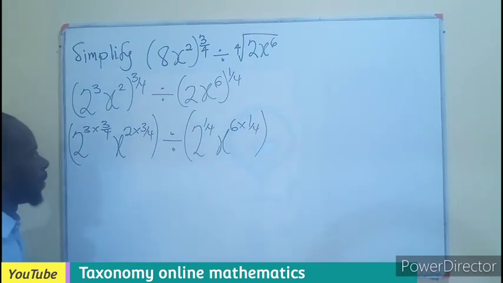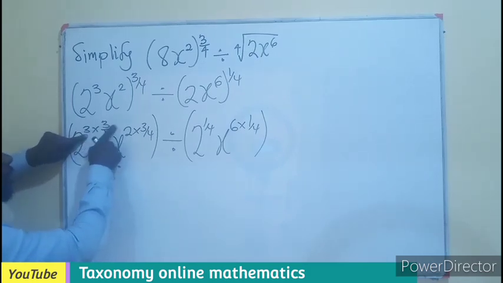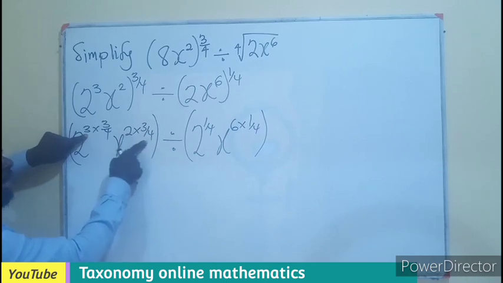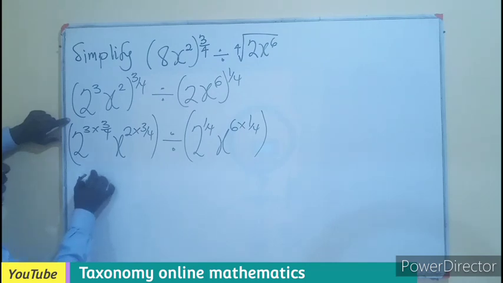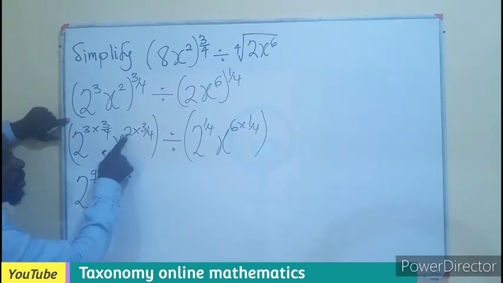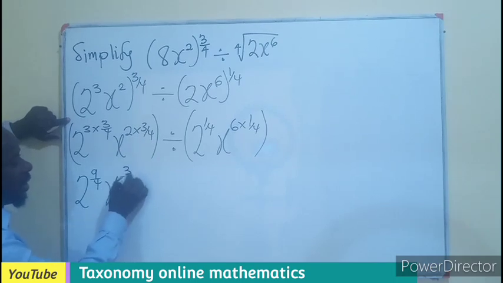So what do we do here? We're now going to simplify this. Since 3 is not a factor of 4, we multiply the numerators. This is a factor of this, so we can cancel. So this is going to be 2 exponent 9 out of 4, x exponent, this is a factor, so we'll be left with what? 3 out of 2.